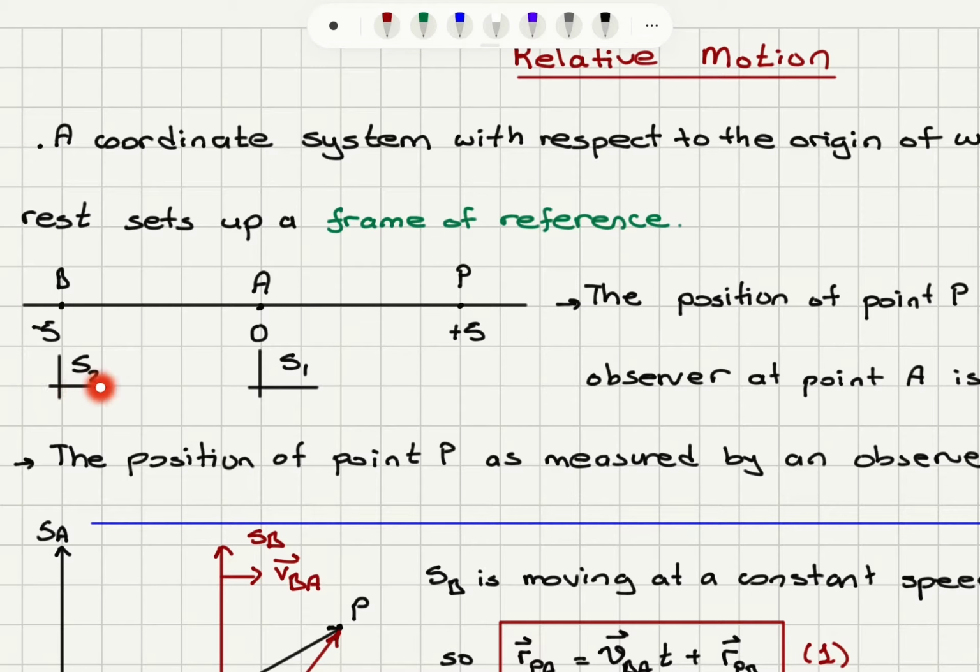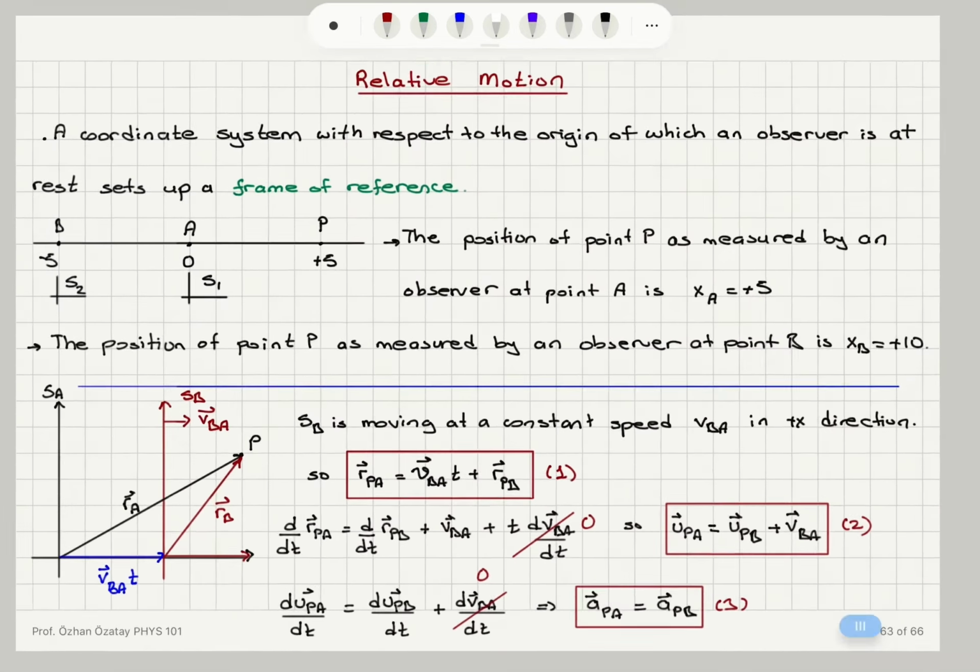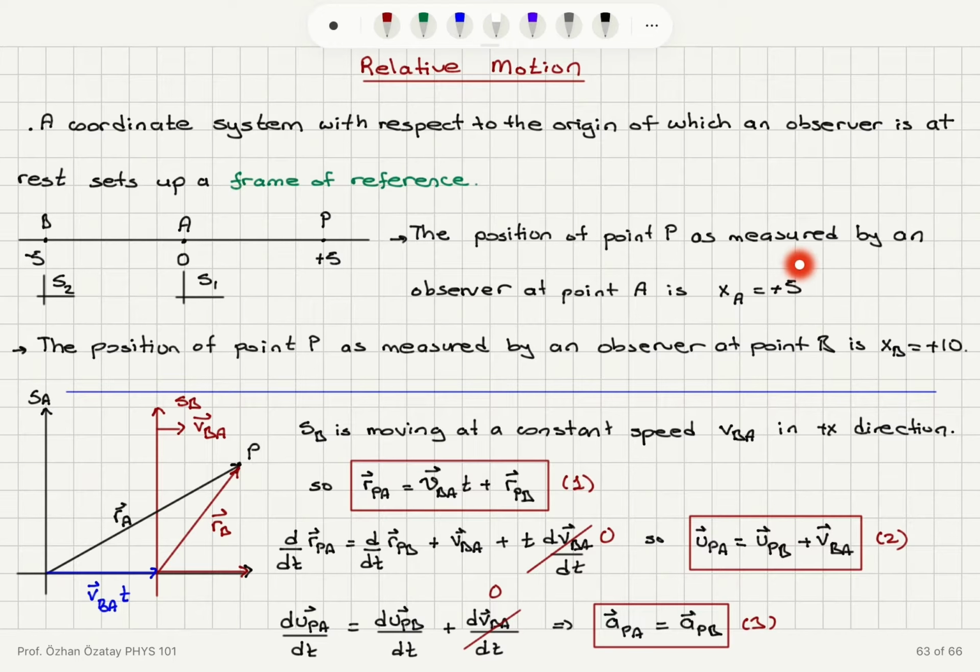If I do the same thing for point B, I put a coordinate system here. At the origin, the observer sits and watches the particle, and because we have to move a distance 5 and another 5, plus 10 meters to point P, this observer will report the particle is at plus 10. Okay, so the position of point P is measured by two different observers.